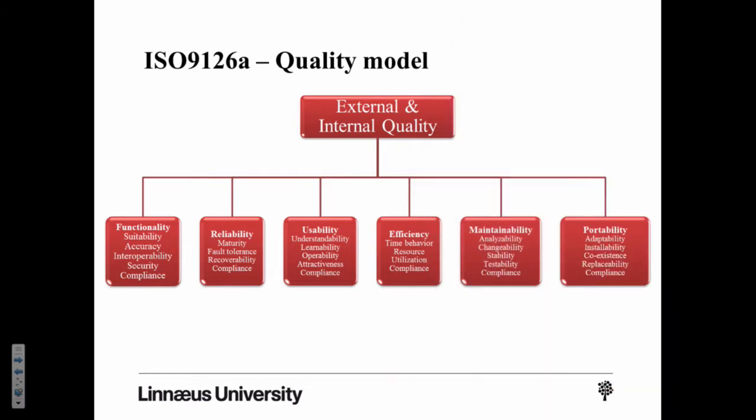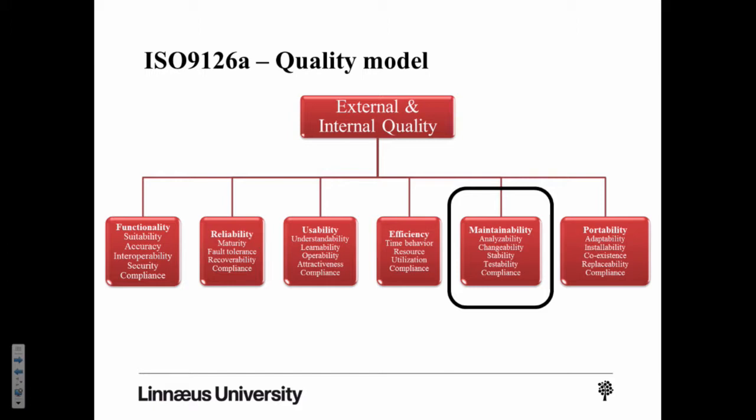So here you have another ISO standard, and it's a way to organize quality. And there are a couple of boxes here, but we can focus on maintainability. Maintainability, what is that?